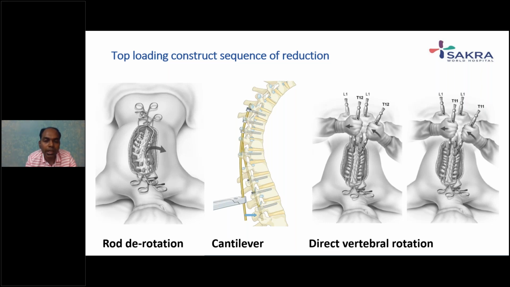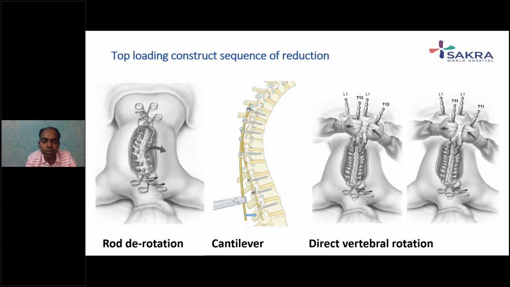And the second rod is the convex rod. I apply it on the convex side, starting from cranial to caudal, as shown in this next picture. Once this is done, almost 70% to 80% of the expected correction is achieved.